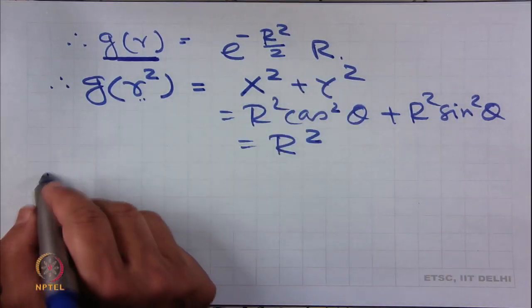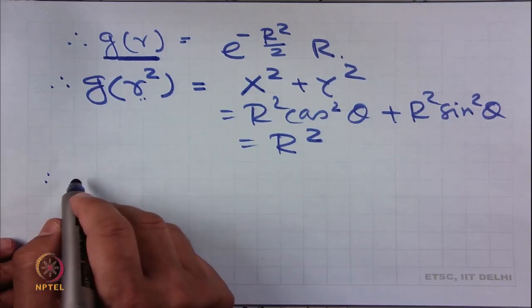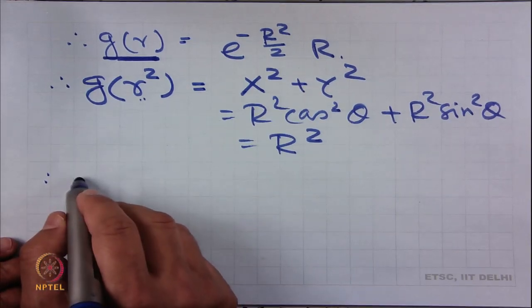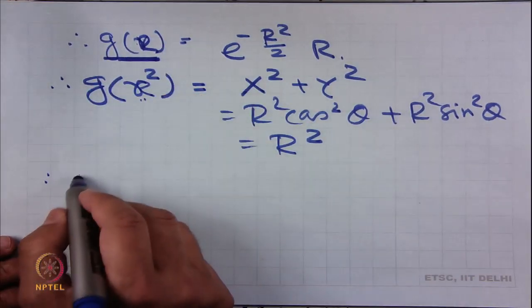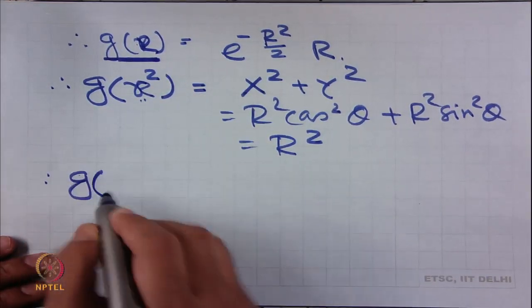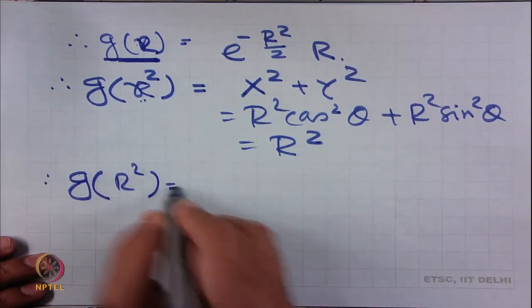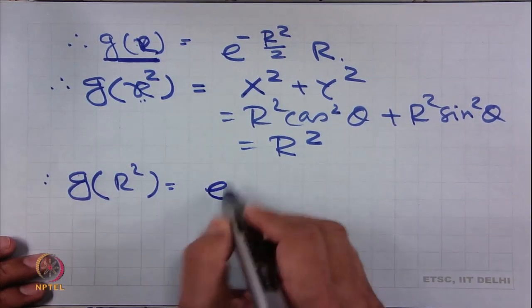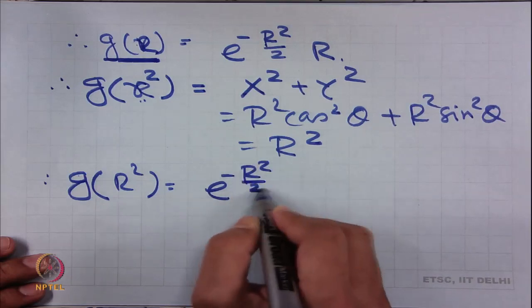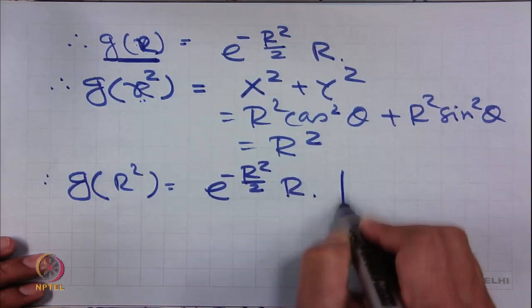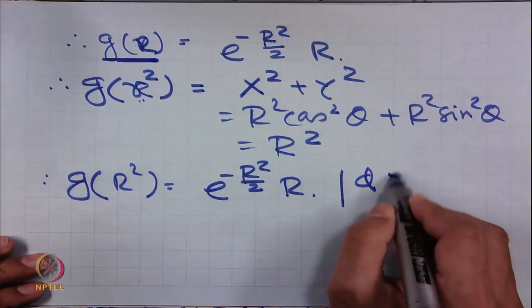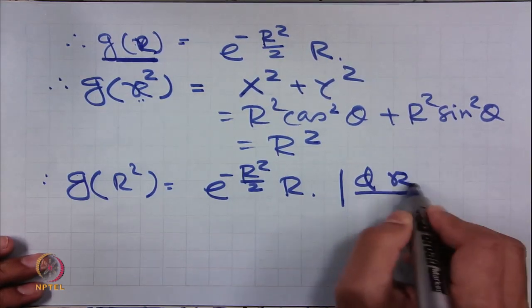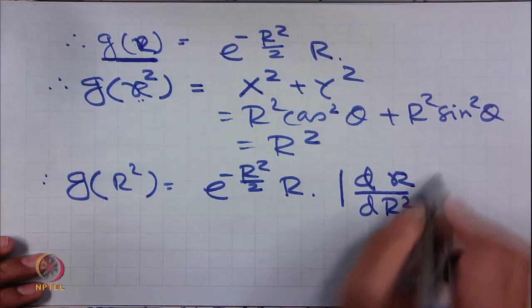Therefore, we use the transformation of the first one. Let me write it in capital. Therefore, g of r square is equal to e to the power minus r square by 2 into r multiplied by dr upon d r square.